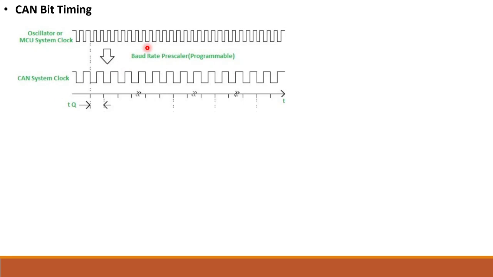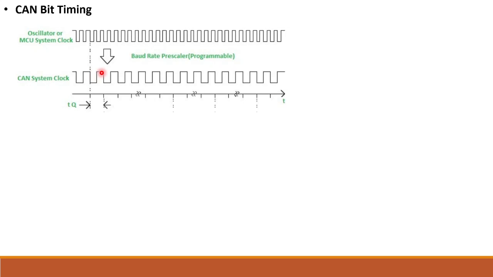This way we are dividing. Each controller may have a different baud rate prescaler. For example, I have given it like this: 100 megahertz, I divide by 10, so I will get 10 megahertz of the CAN system clock. This way they divide the clock frequency. Next, if I want to specify one time quanta, each time slice I represent with TQ, time quanta.